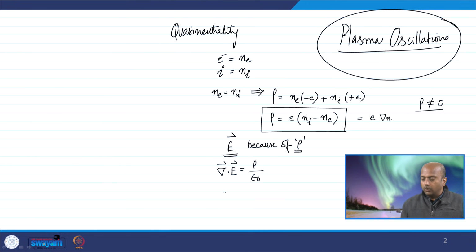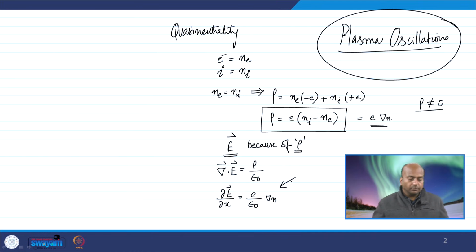Let us say we look in one direction. We write dou E by dou x is equal to e by epsilon naught times delta N. Because we have taken only one term from the gradient, dou E by dou x is e delta N by epsilon naught.